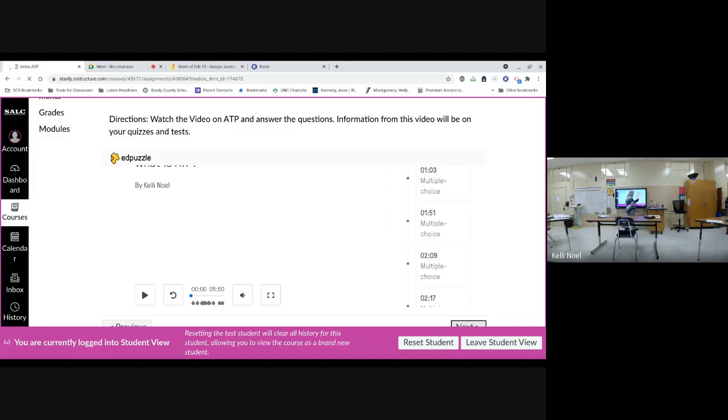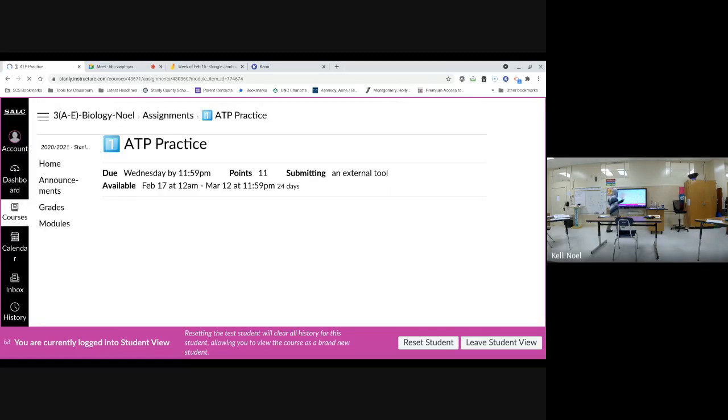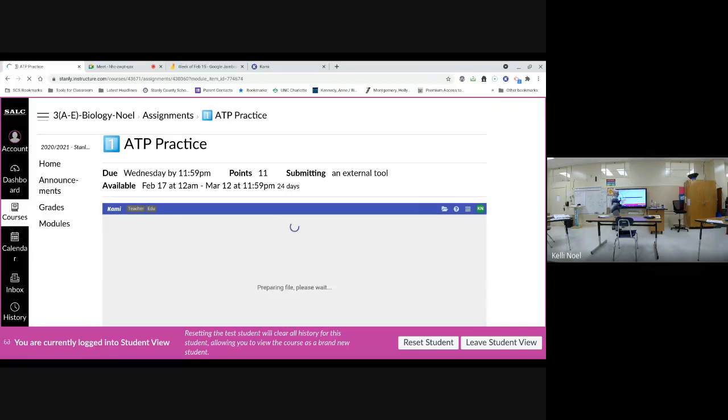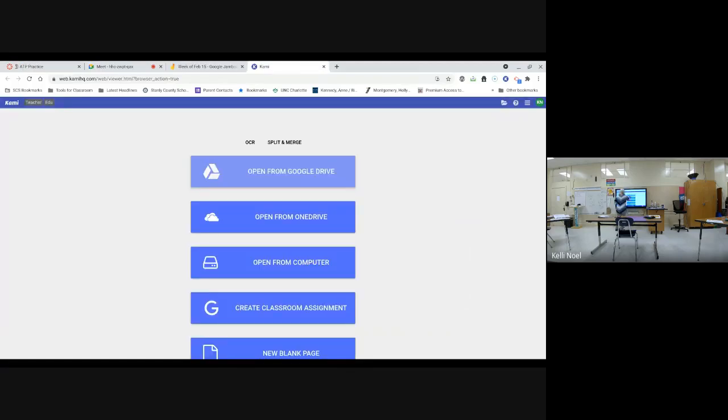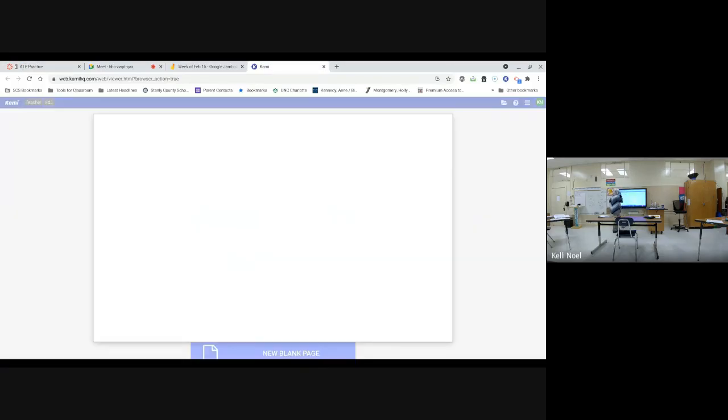So if you'll have the ATP practice up, I'm going to try one more time. I tried this earlier and it didn't work. I'm going to go in and try to get this pulled up so I can write up here. And based on what we talked about in our notes, we're going to try to answer these 10 questions here. I got this far a while ago and it's stuck.